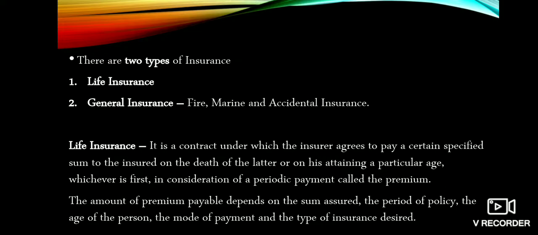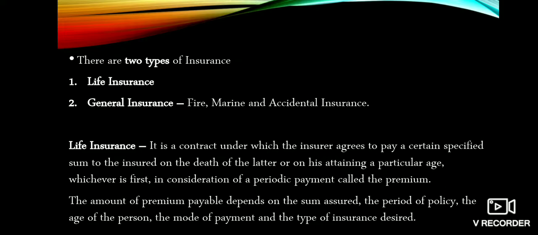So it is a contract under which the insurer agrees to pay a certain specified sum to the insured on the death of the latter or on his attaining a particular age, whichever is first, in consideration of a periodic payment called premium.